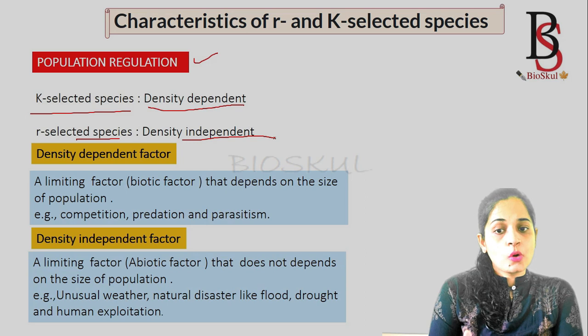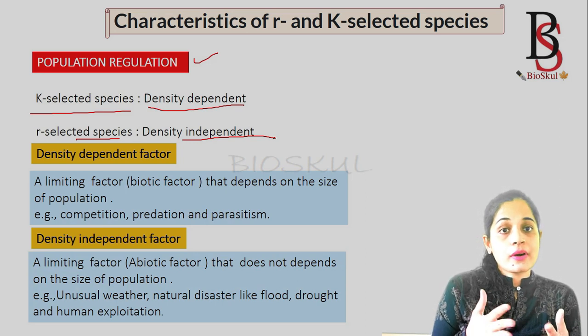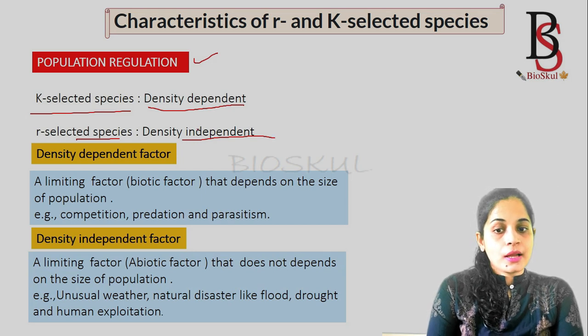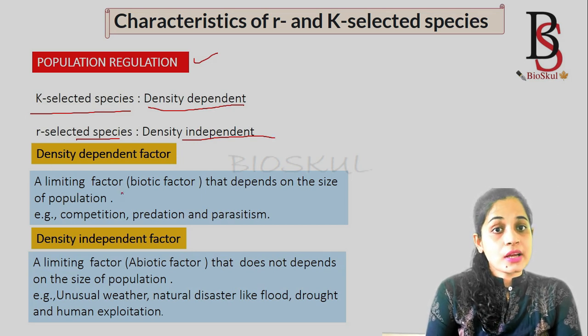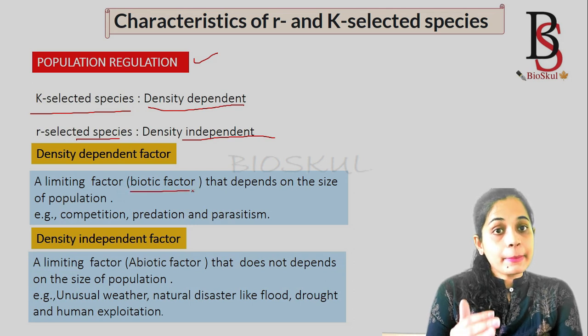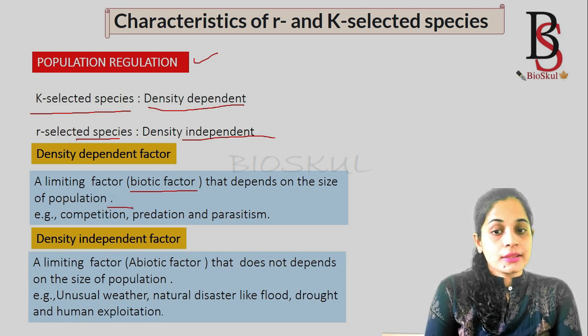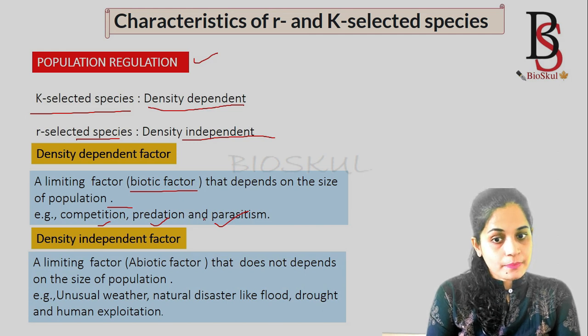So let's know what is the density dependent factor and what is the density independent factor. The density dependent factors are limiting factors, mostly biotic factors that depend on the size of the population. What are the density dependent limiting factors? Those are competition, predation, and parasitism. The population of K selected species is regulated by competition, predation, and parasitism.